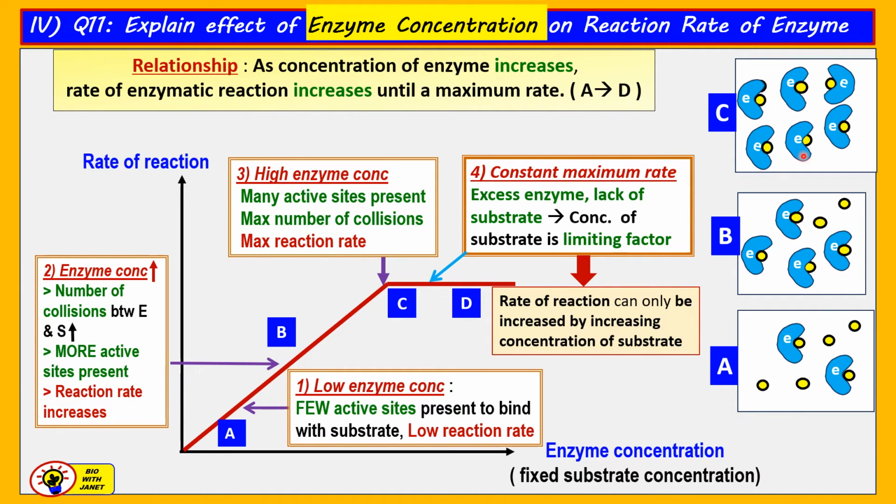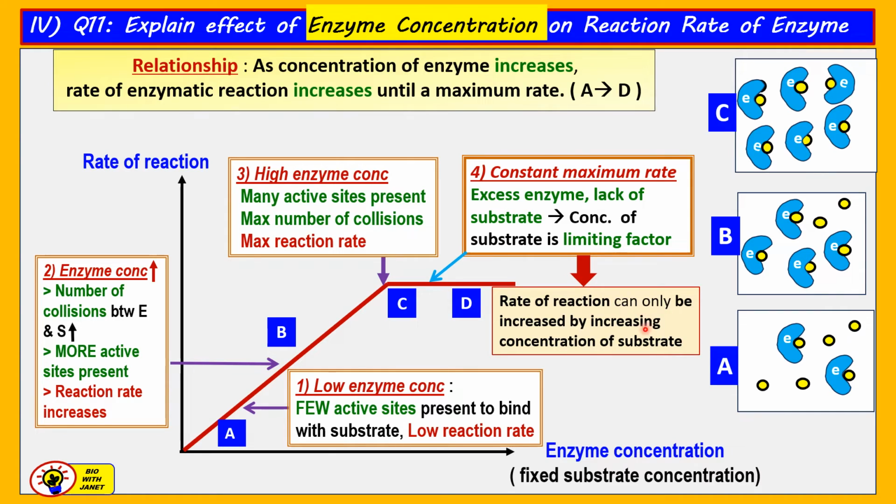So the maximum number of collisions occur and the reaction rate is the maximum. After that, if you increase the enzyme concentration, it no longer increases the rate of reaction. Why? Because now you have excess enzyme molecules and a lack of substrate molecules. So the concentration of substrate becomes the limiting factor here from C to D.